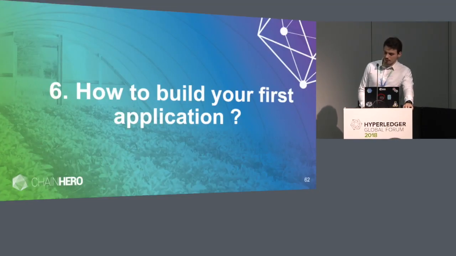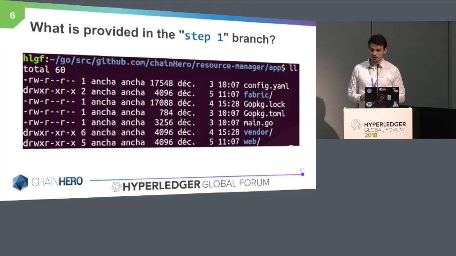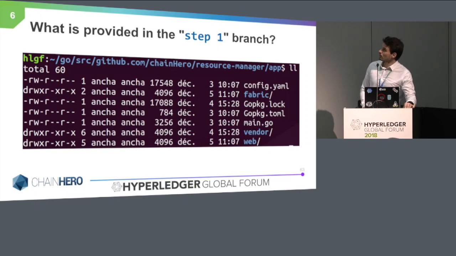So how to build now your first application? What is provided in the step 1 branch? There are some files in the app folders. We retrieve the Go package, lock and toml files that provide the vendor folders. Then there is the entry point, the main.go.